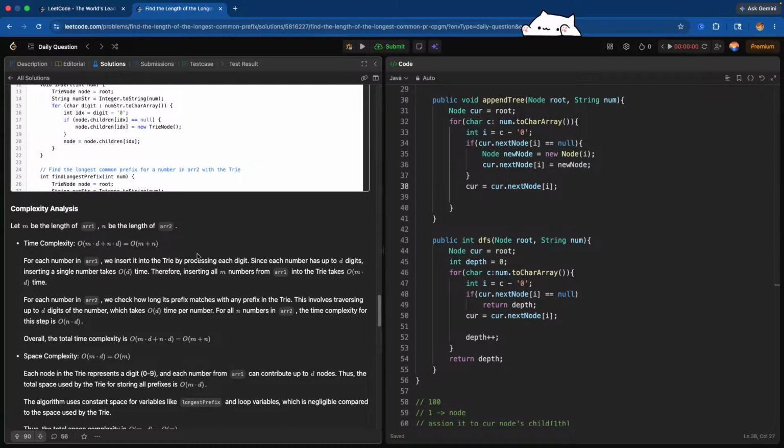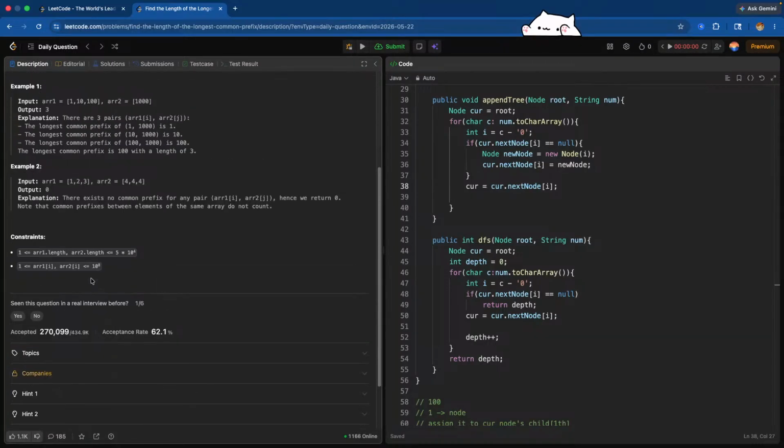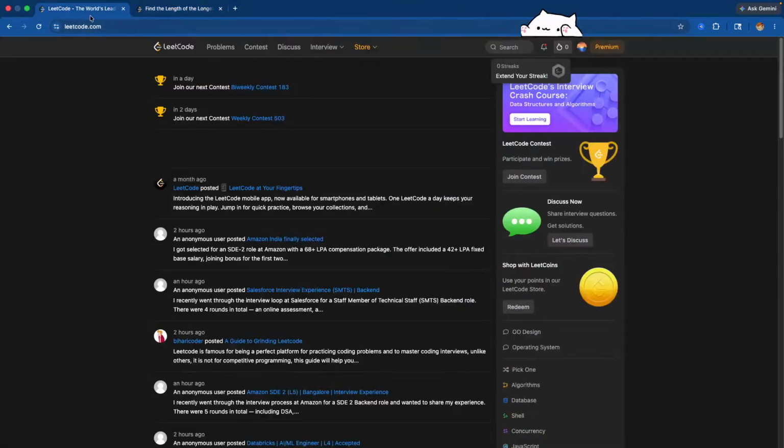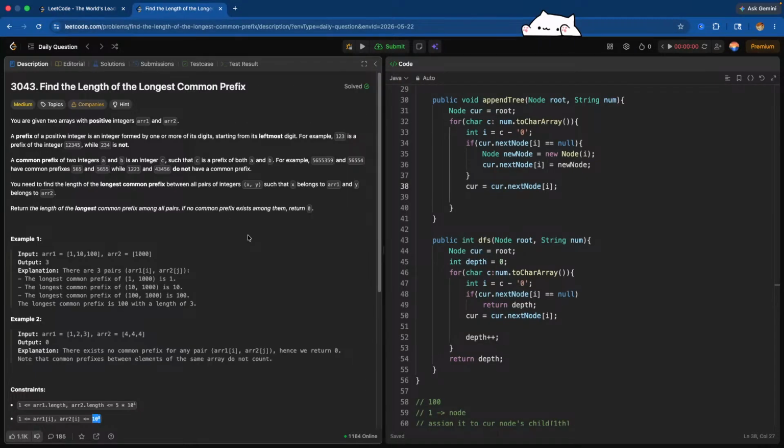Yeah, I got that, but the depth can be 10 power 8, right? Oh no, 10 power 8 is basically 8, 9 digit values. Oh, I understand now.